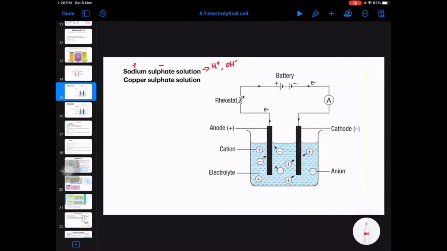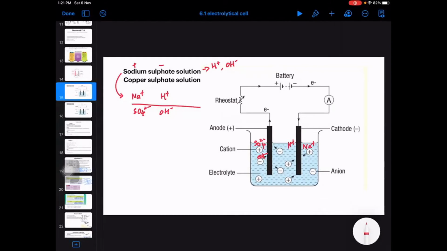This water molecule will also produce hydrogen ion and hydroxide ion. So in sodium sulfate, you have sodium ion and hydrogen ion, they are positive ions, and sulfate ion and hydroxide ion, they are negative ions. Sodium and hydrogen ions will move to the cathode. Sulfate and hydroxide ions will move to the anode because the charges are opposite.